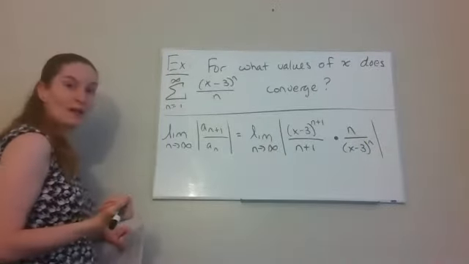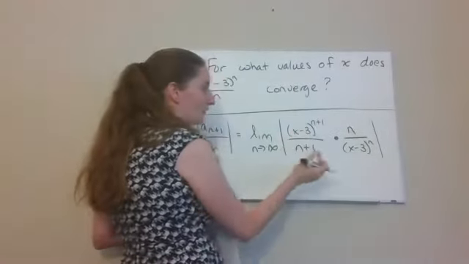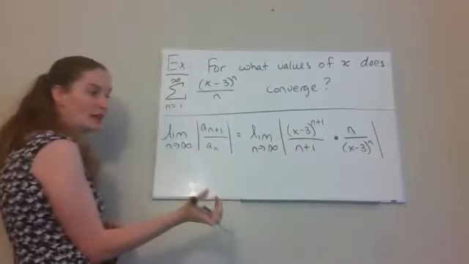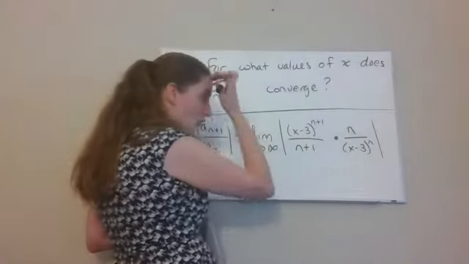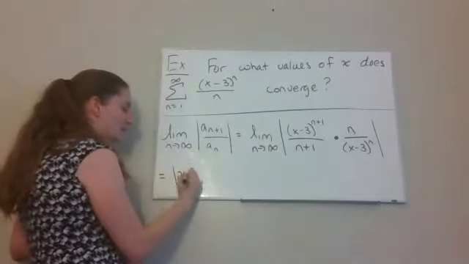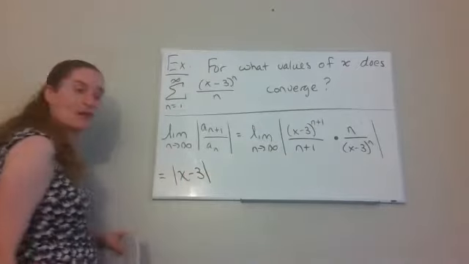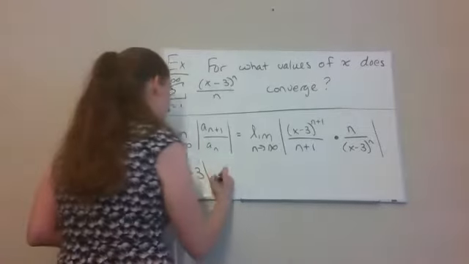Now let's simplify as much as we can. Again, I can simplify some of these x minus 3's. I will have just a single x minus 3 left on the top. Since the x minus 3 no longer involves n, I can pull that out in front of the limit. It needs to stay inside of absolute values because we don't know what x is yet.